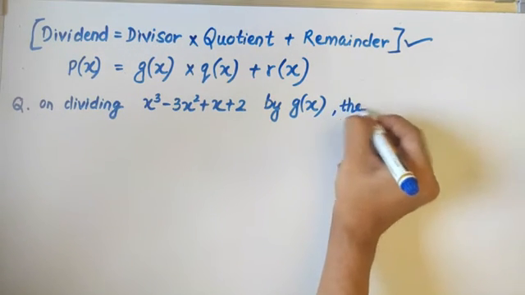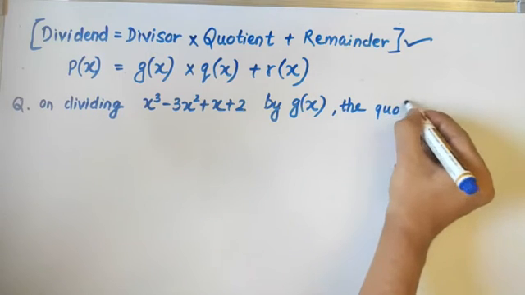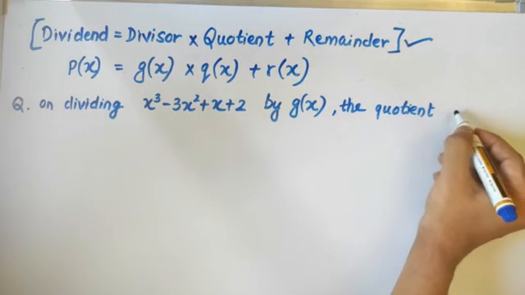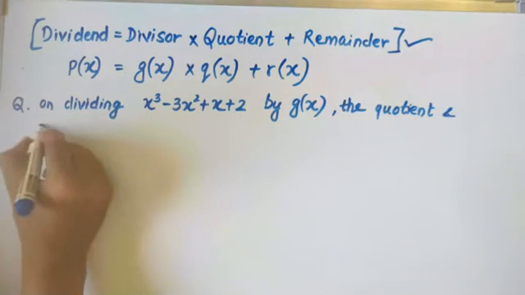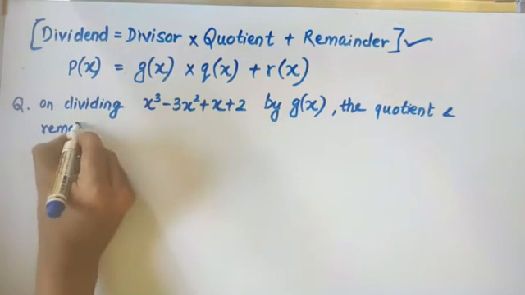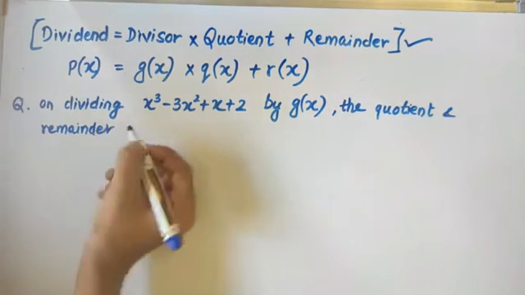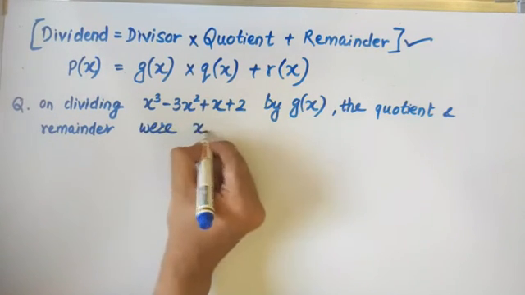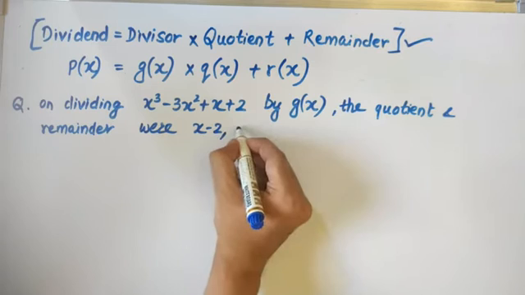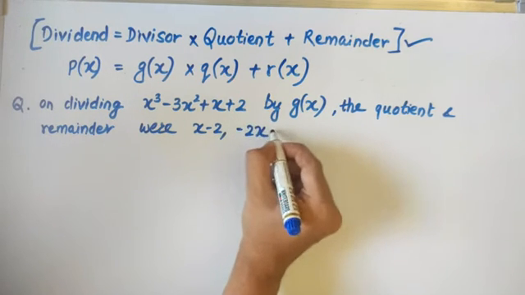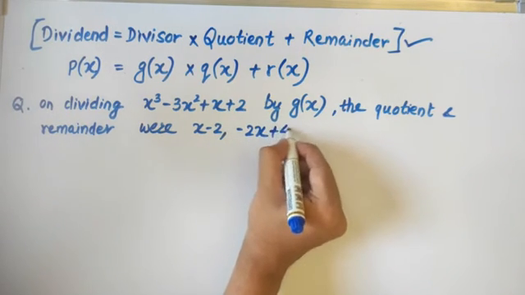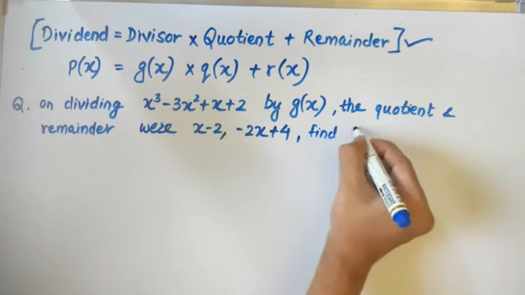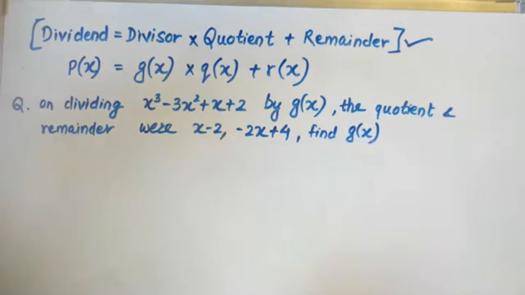The quotient and remainder are x minus 2 and minus 2x plus 4. So we have to find g of x.